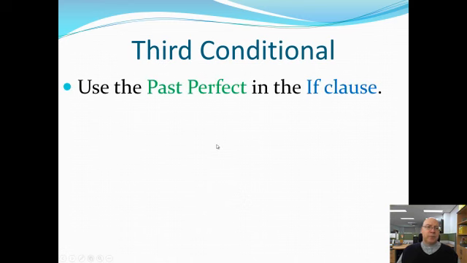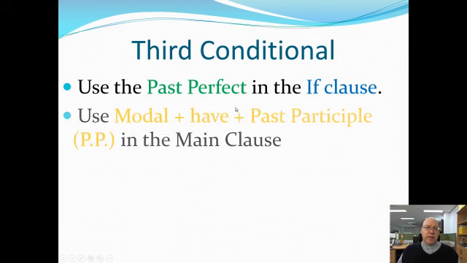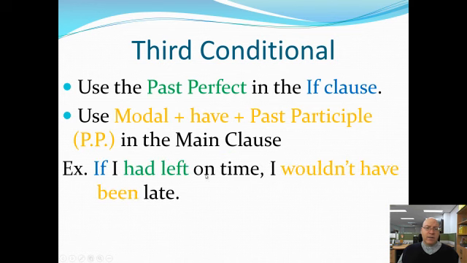A couple other rules. We use the past perfect in the if clause. We use a modal plus have plus past participle, that's our PP there, in the main clause. If I had left on time, I wouldn't have been late. Here is our past perfect, right there.